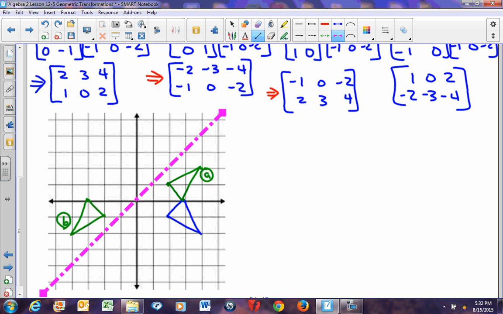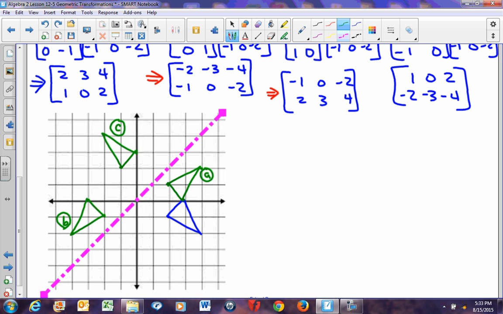So this one, negative 1, 0, negative 1, negative 2, negative 1, positive 2, 0, 3, negative 2, 4. So notice it's reflected across that pink line right there. So this is letter C.